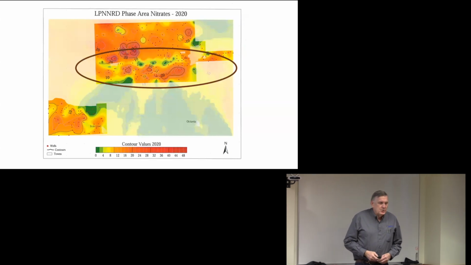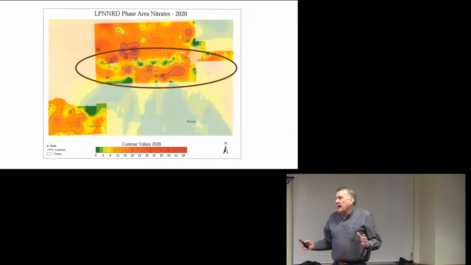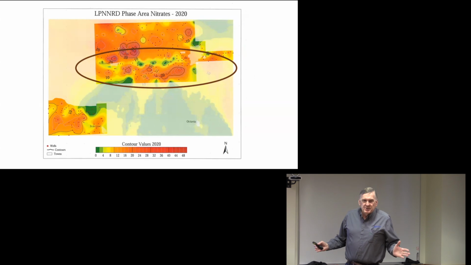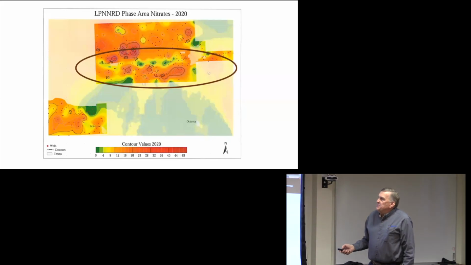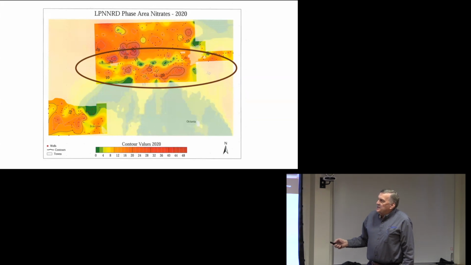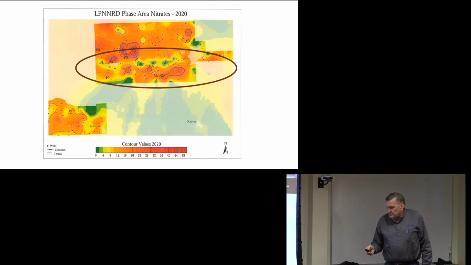In 2020, and we have samples back to 2003, but I just took the last few years, we're going to go through some nitrate samples that we collected, starting in 2020. I started looking at these maps, and we've got nitrates down below, we've got nitrate Platte. Why was there lower nitrate in that area right there?